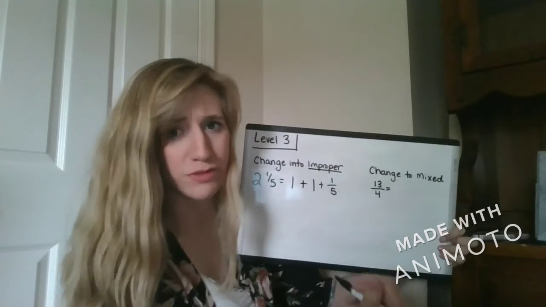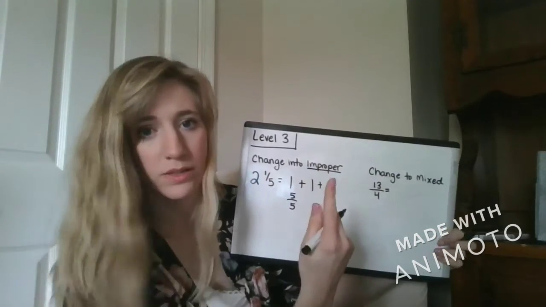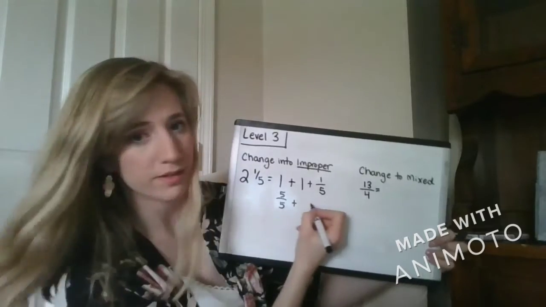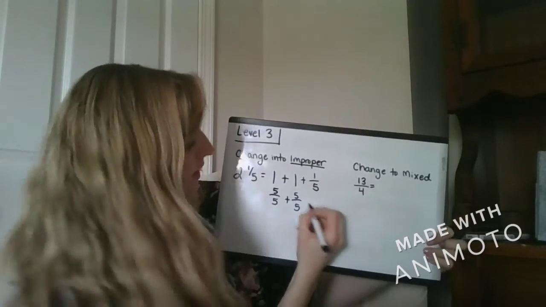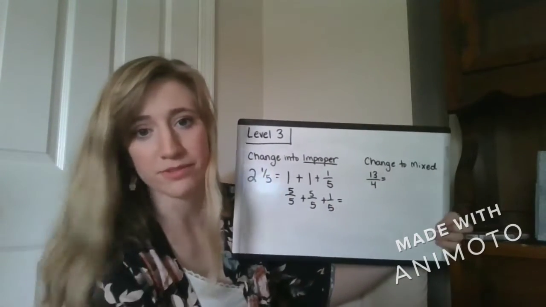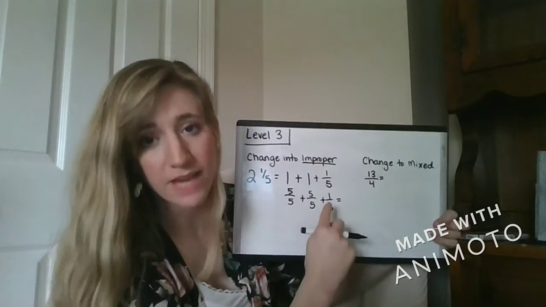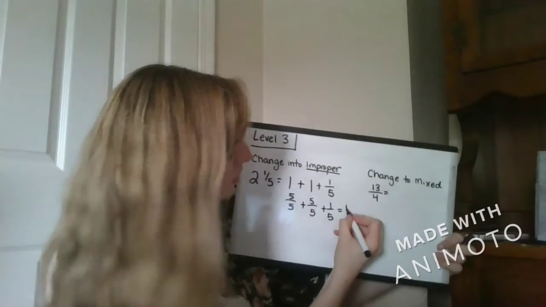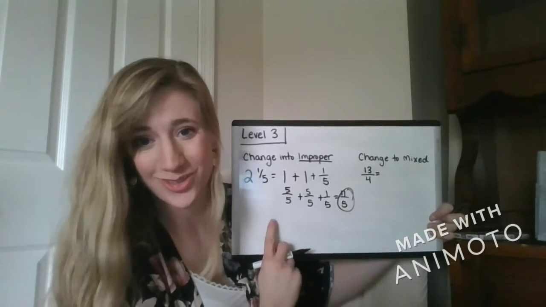Well, 5. 5 over 5, right? 5 over 5 means I have 1. And then plus another 5 over 5 equals another 1. And then I have 1/5. So now to figure out what's my improper fraction, what's the total amount of fifths I have here? Well, 5 plus 5 is 10, plus 1, you should have done 11 fifths. That was the answer to this first one.